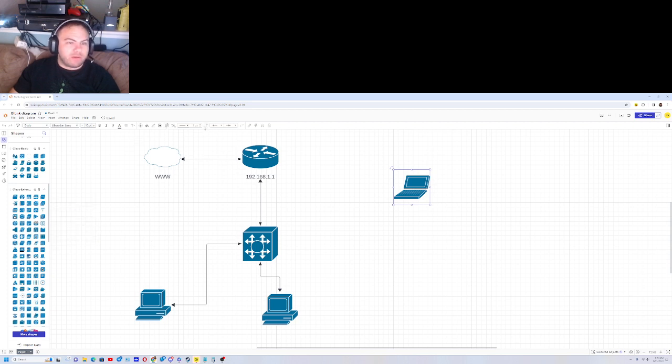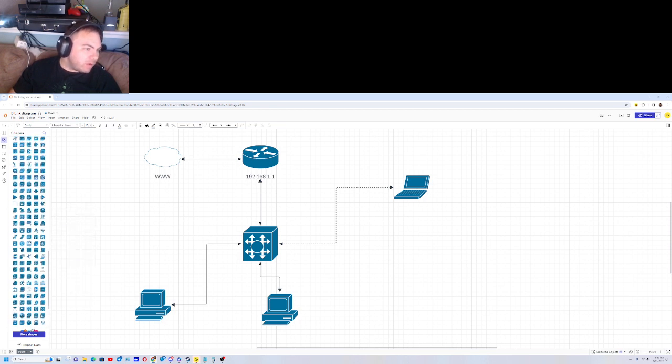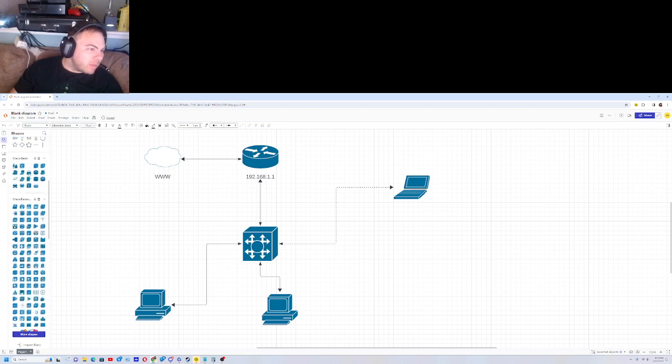We'll say wireless is these dashes, so here's our wireless connection into our switch/house router. Let's also add a printer that's connected to the network.